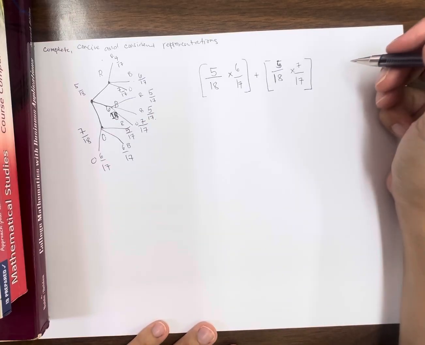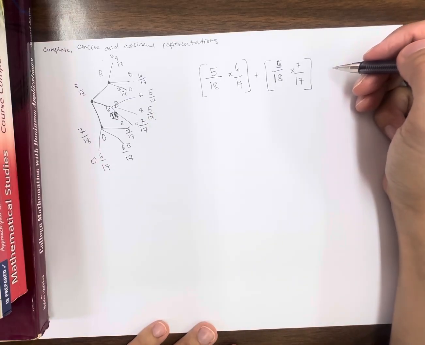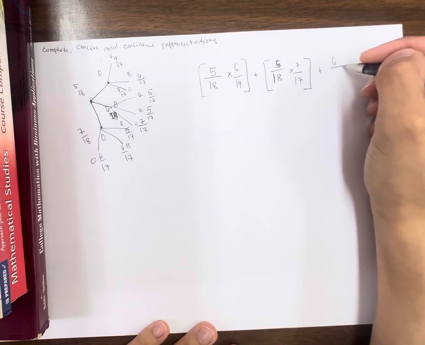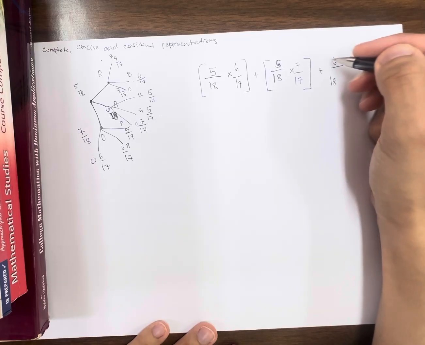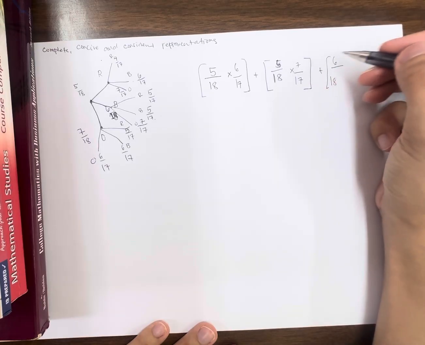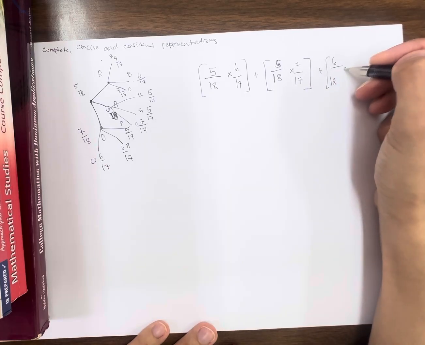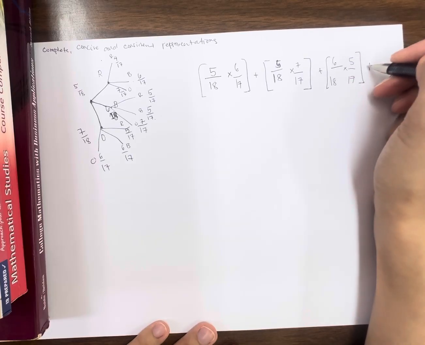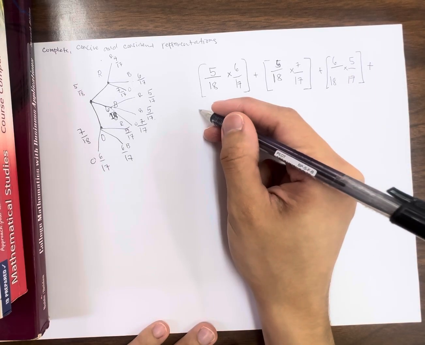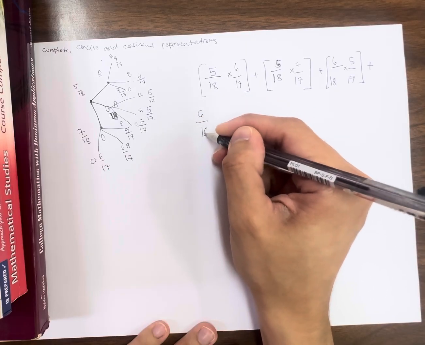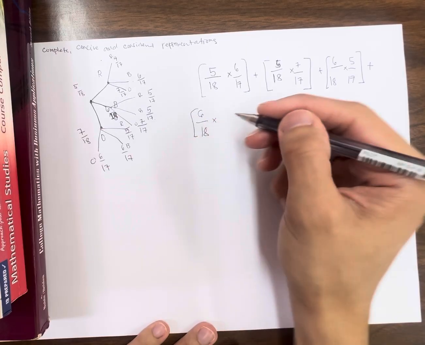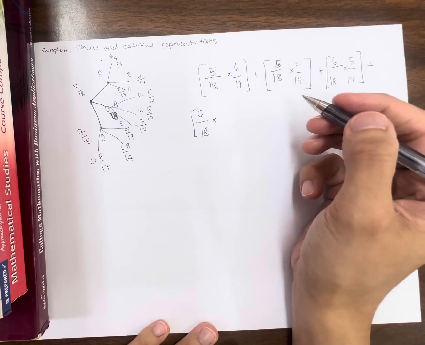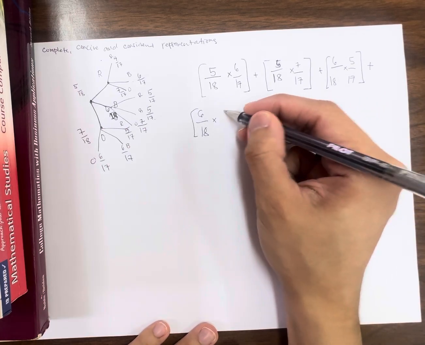And then moving on, I could get a blue the first time around, so that will be 6/18. Multiply that by a red because those are different colors, so that would be 5/17. Okay, another possibility is again I get blue the first time, but I get orange afterwards, so that would be 7/17.